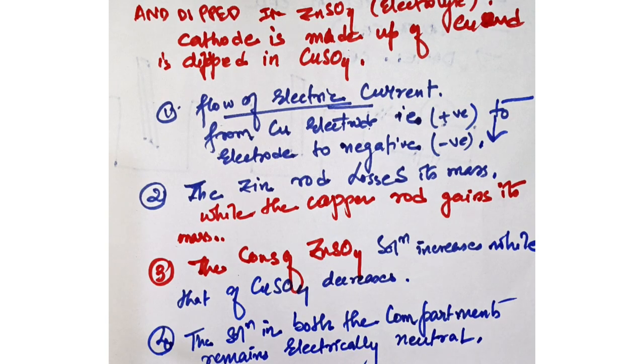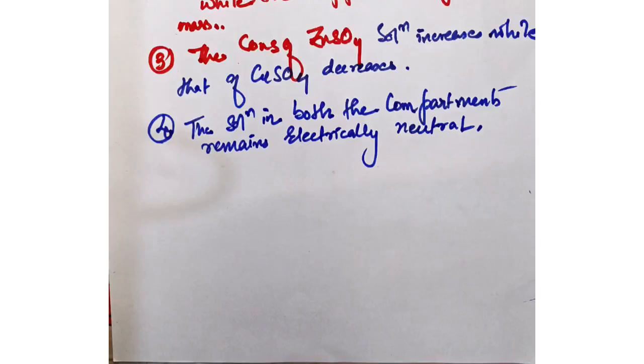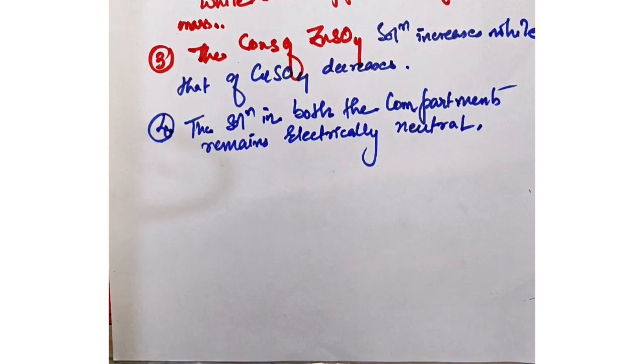So what was that? Here zinc metal is oxidized at the zinc electrode, and the electrons released travel through the external circuit to the copper electrode, where copper ions are reduced into copper metal, which is deposited on the electrode.